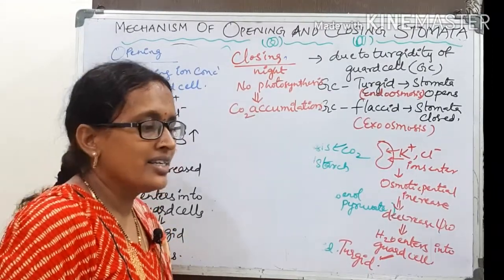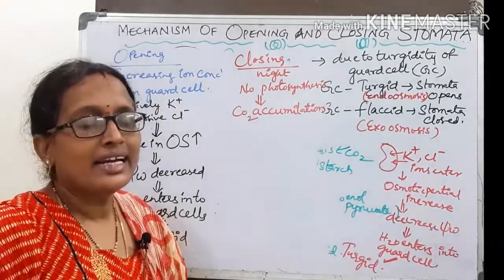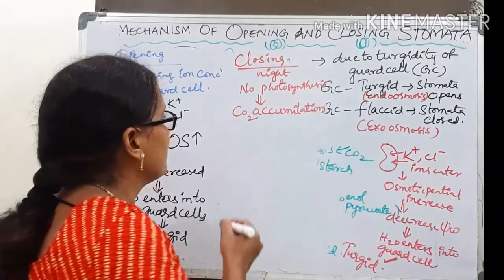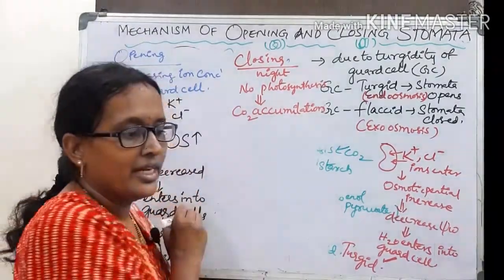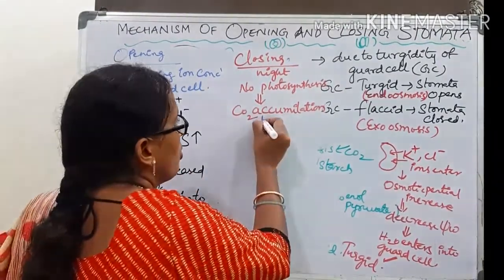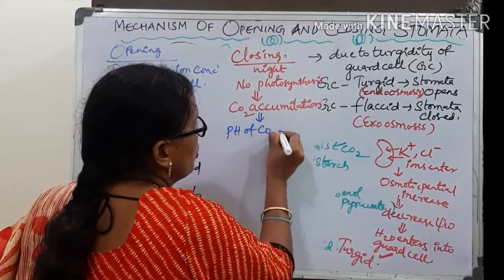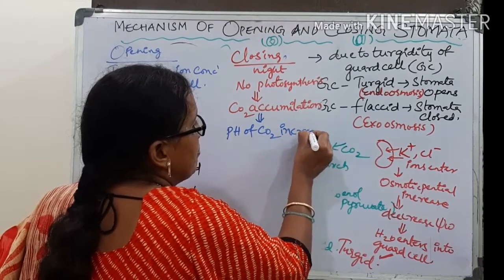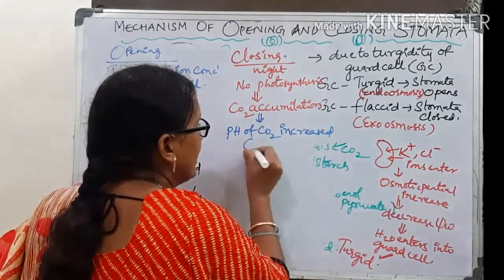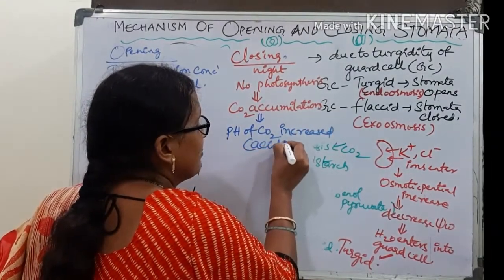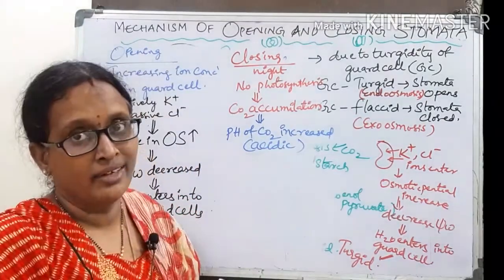When carbon dioxide is increased in the cell, it creates the acidic medium. pH of the cell is decreased, and it creates the acidic medium.